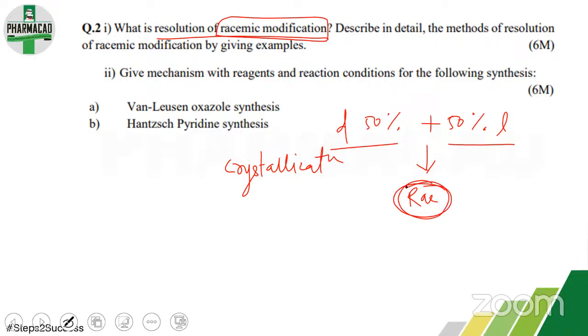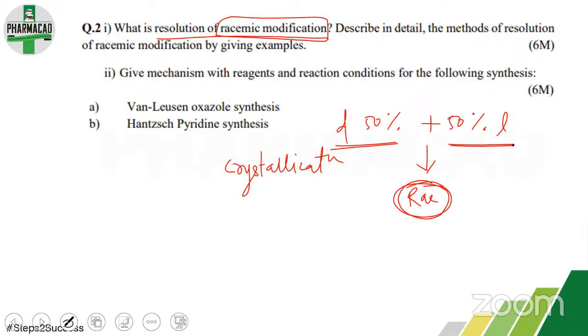After crystallization, because of their different nature, they have different shapes of crystals. With the help of a magnifying lens and forceps, we are able to separate them. On the basis of the shape of the crystal, we can identify whether it is dextro or levo. But it is a very time consuming technique.